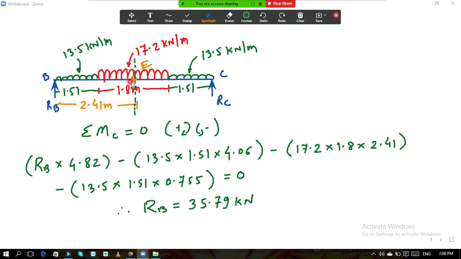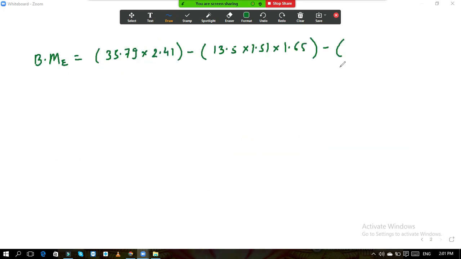How much is it? 17.2 multiplied by this distance. This distance is nothing but half of the 1.8 total, so this is 0.9. 17.2 into 0.9 is the conversion of this UDL into the point load, and that point load will act at the center of this 0.9.